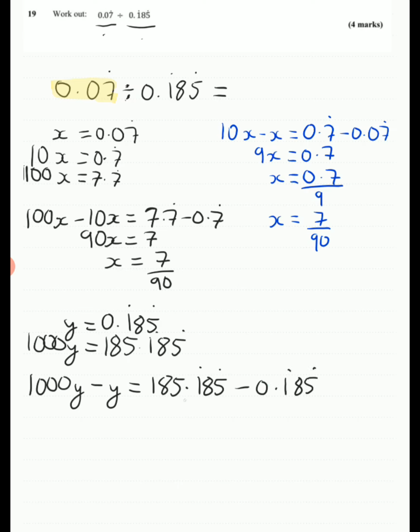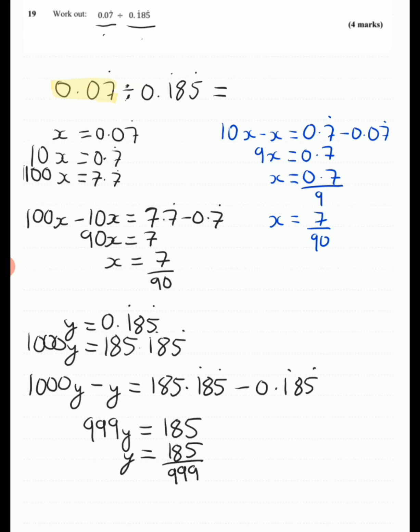And here again, we can see that everything after the decimal point will cancel each other out. So here we have 1,000 take away 1, which is 999y, that will leave us with 185. We divide both sides by 999 to get 185 over 999.